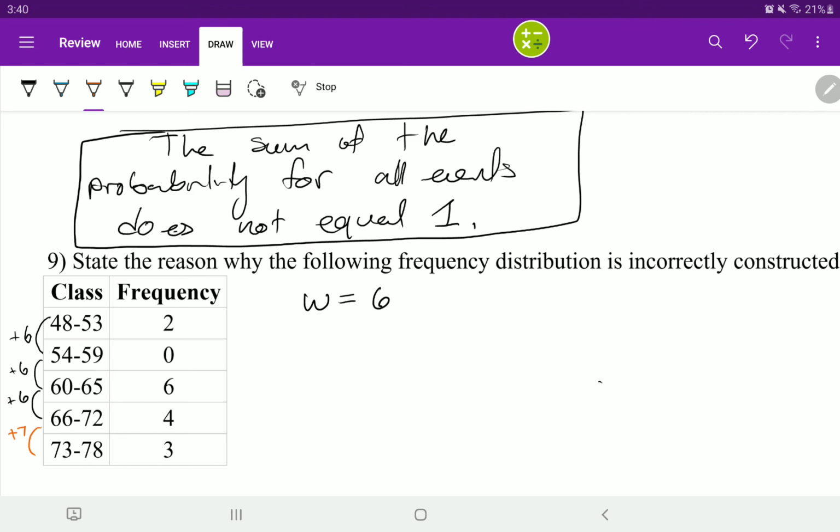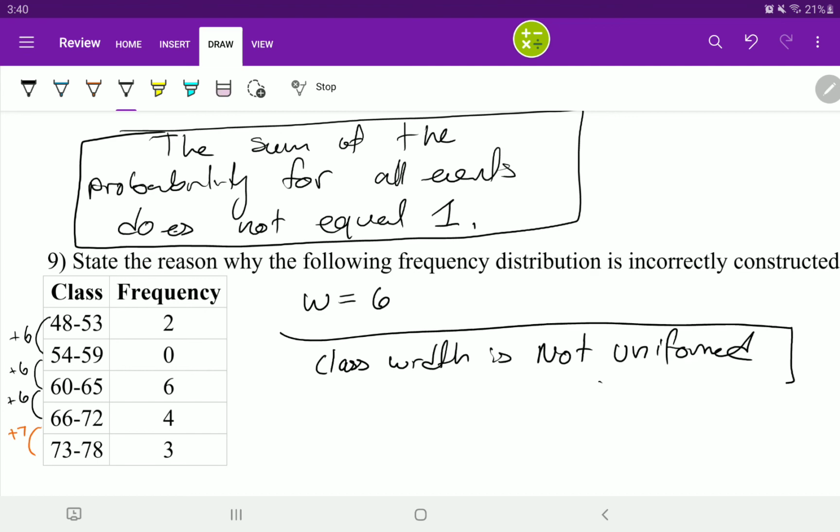That means the class width is not uniform. Class width is not uniform. That is the answer to number 9, as I just stated right here.